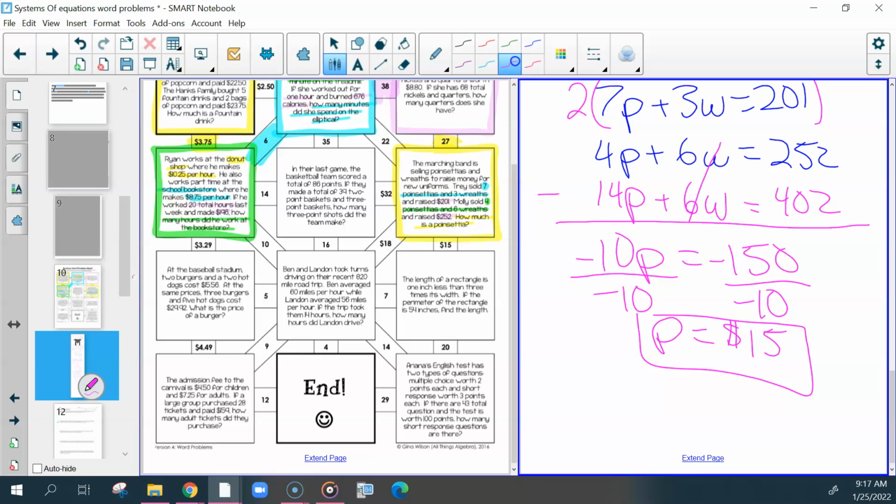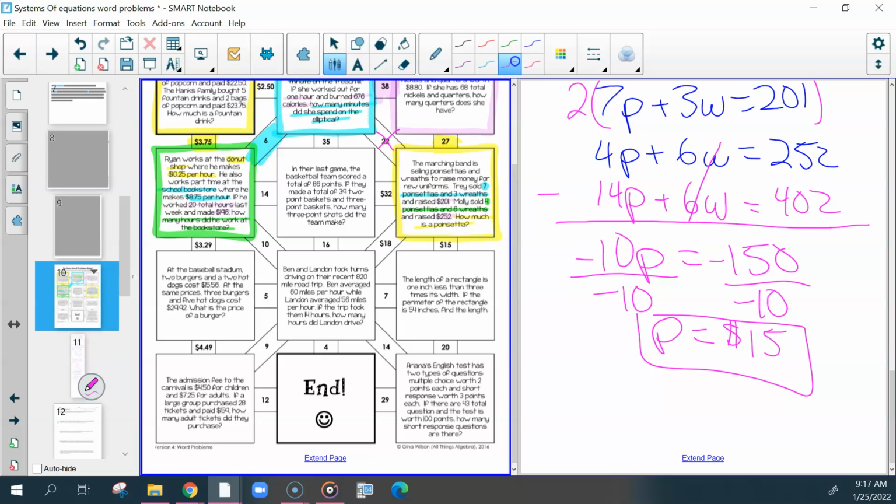We also could have eliminated 22 because in this case it doesn't have dollars and we can't go back to something we already did. So it had to have been 32, 18, or 15, but 15 was our answer.